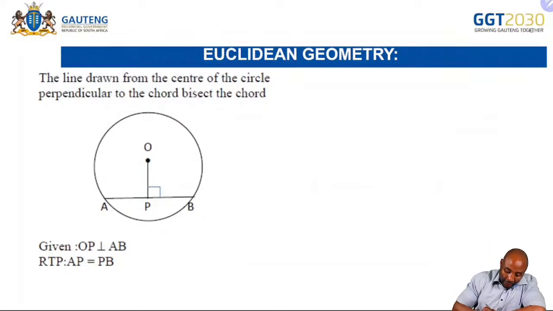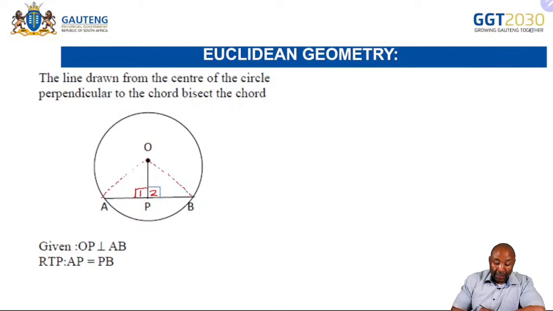Now, I can do my construction here. I name these angles 1 and 2. I know that they are 90 degrees. P1 is equal to P2. They are equal to 90 degrees. I make a construction using my dotted lines.